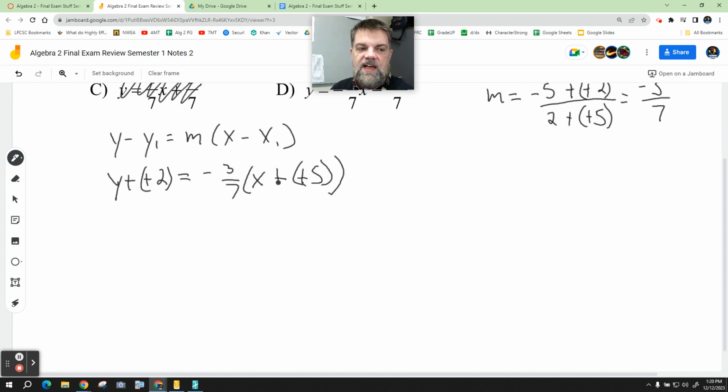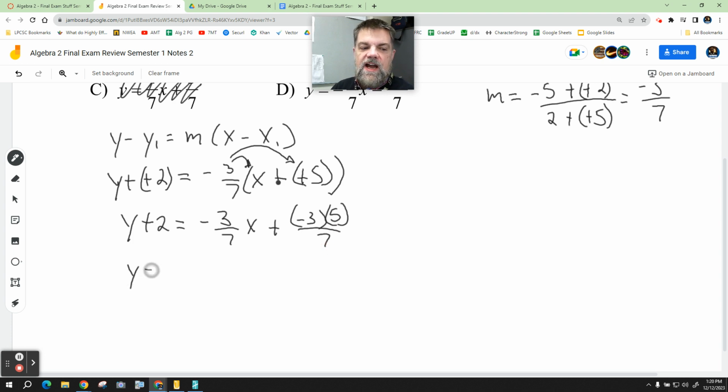So then on my next line, I get y plus 2 is equal to negative 3 over 7 times x. Now this is a tricky one. I'm going to say negative 3, so this is plus negative 3 times a positive 5 all over 7.